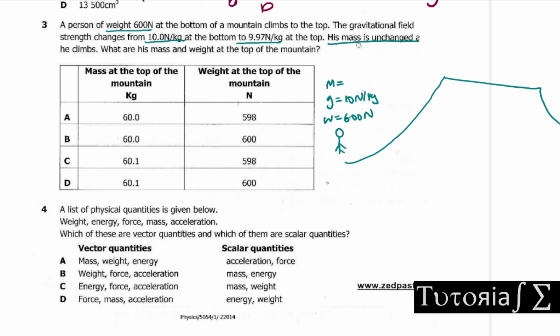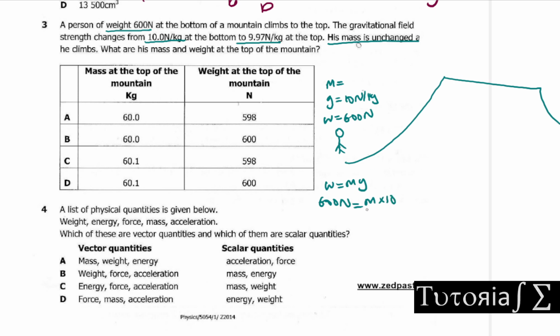We know that weight is equal to mass times gravity. So 600 newtons equals the mass, which we are looking for, times the gravity, which is 10 at the bottom.